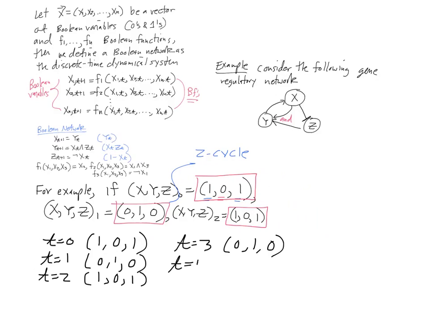Time 4 1 0 1, and so forth. So again, that's a 2 cycle. If you ever get a fixed point, a 1 cycle, that would certainly be stable no matter what, because there's no such thing as a small perturbation in Boolean networks. Every perturbation is at least 1 unit, because the units are either 0 or 1.